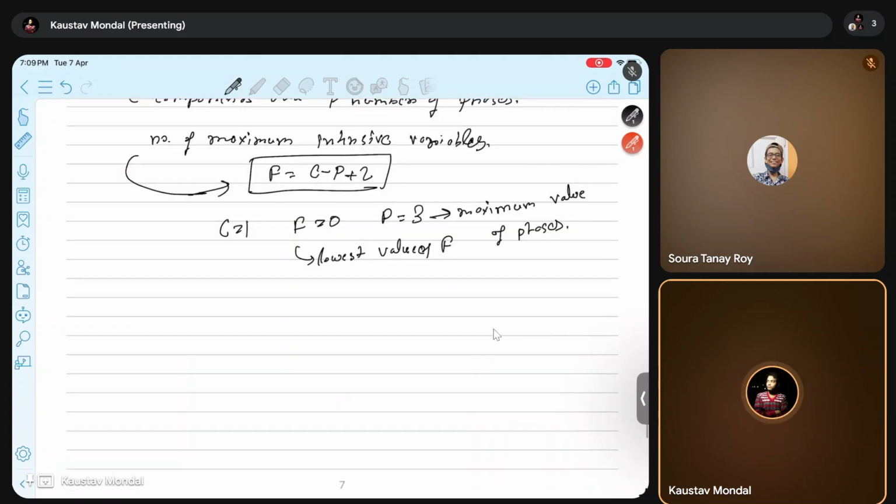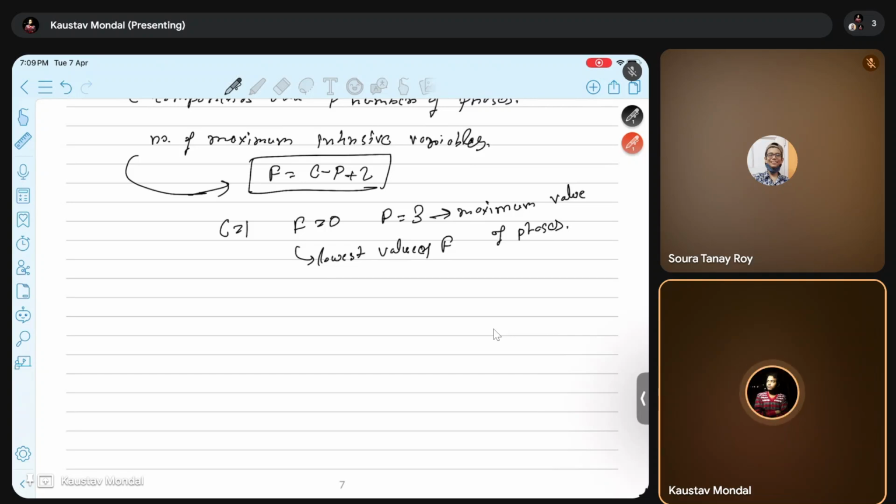Now, lastly, we'll discuss in depth the second order phase transition. For the case of first order phase transition, to characterize the phase diagram and all, we basically need Clausius-Clapeyron's equations.